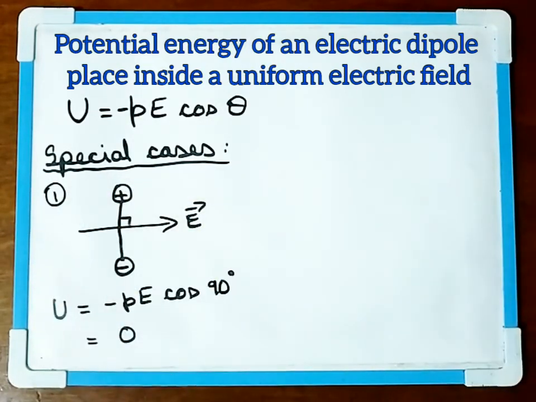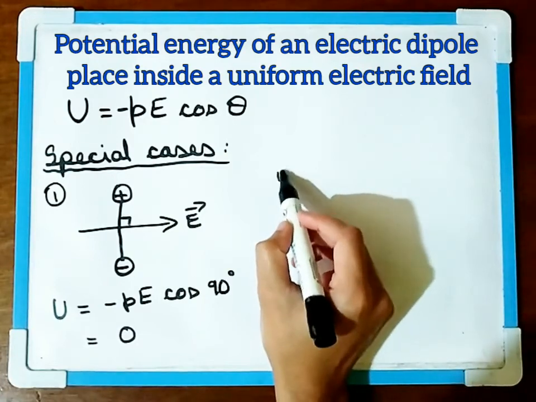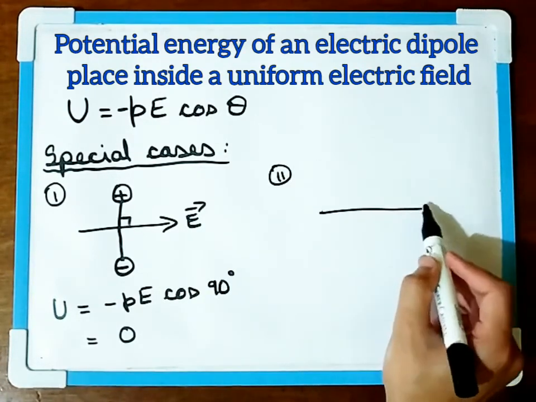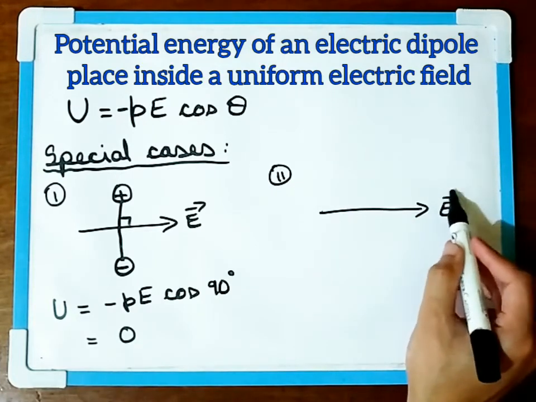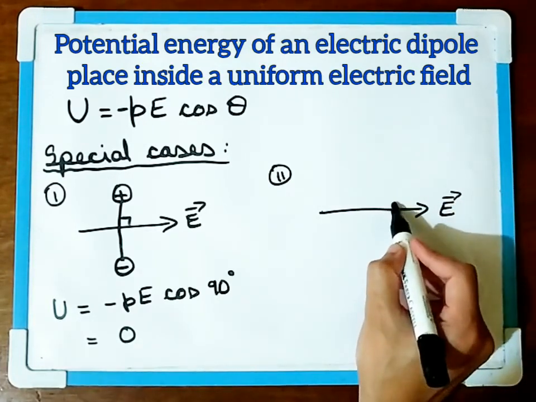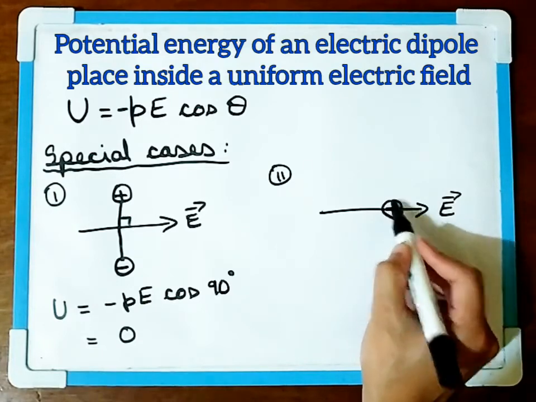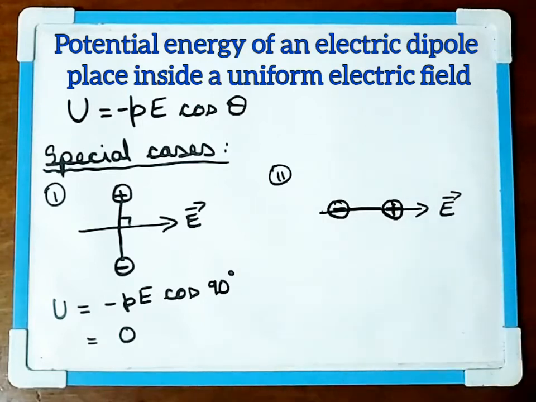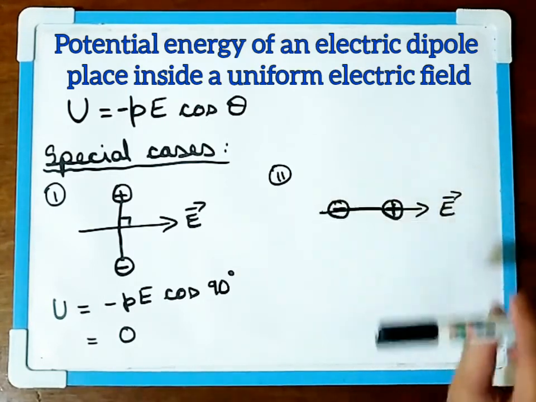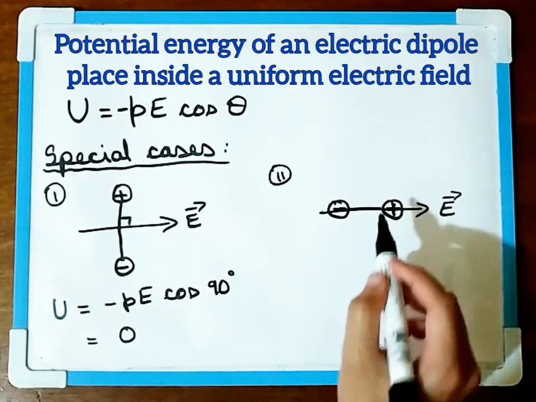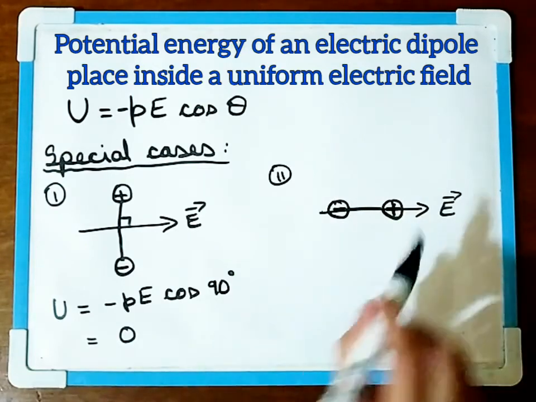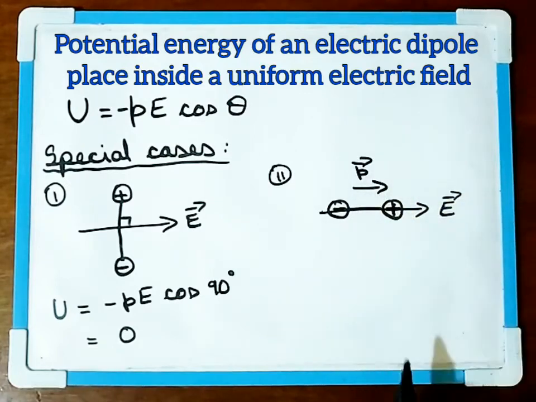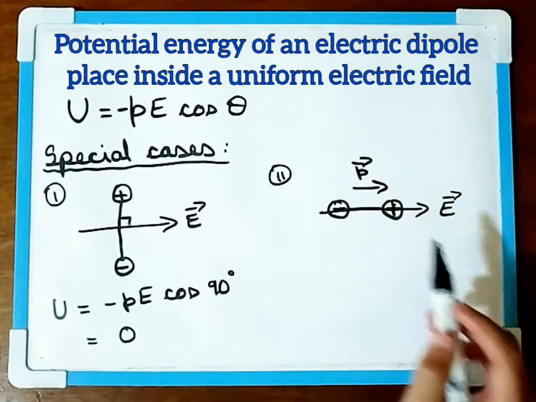Then the second case would be when the dipole is in the direction of the electric field, or the dipole moment. So this is your positive and this is the negative. So here the dipole is aligned in the direction of the electric field. In this case the angle is 0. The dipole moment is in this direction, so your P is in the same direction as that of the electric field. So your angle will be equal to 0.